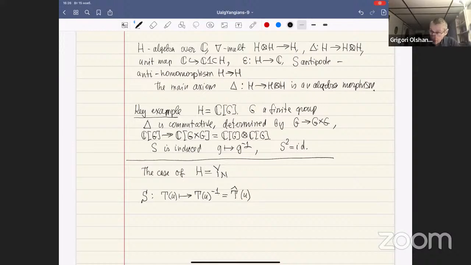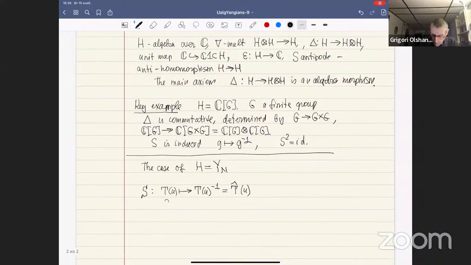So we have by definition, if we apply the antipode to this object, these are the matrix entries, which we write as follows.